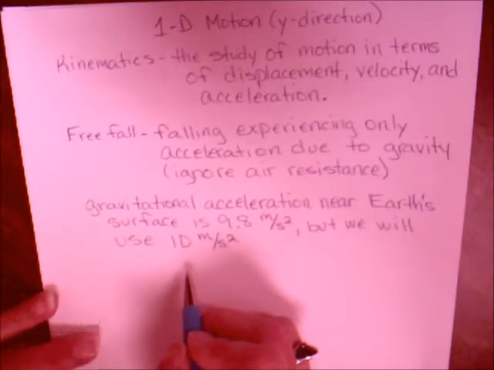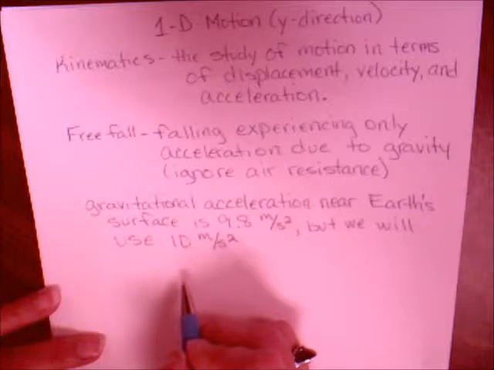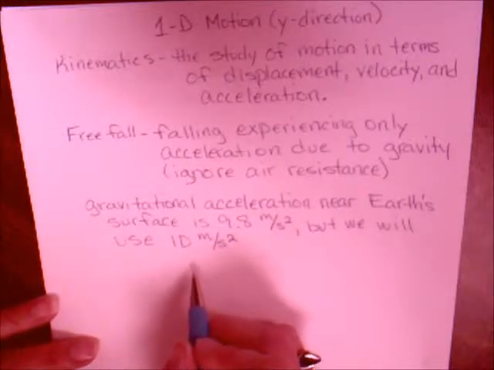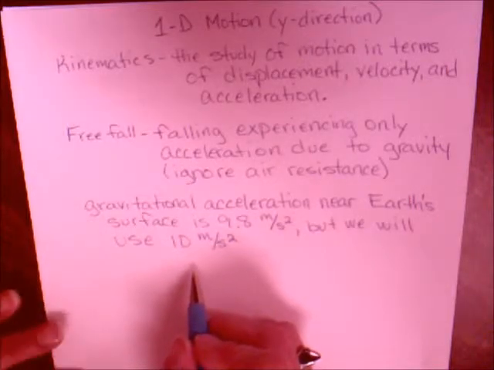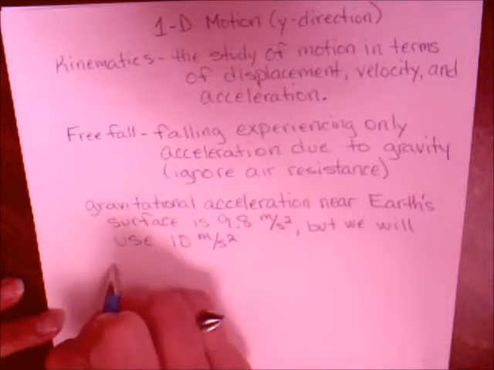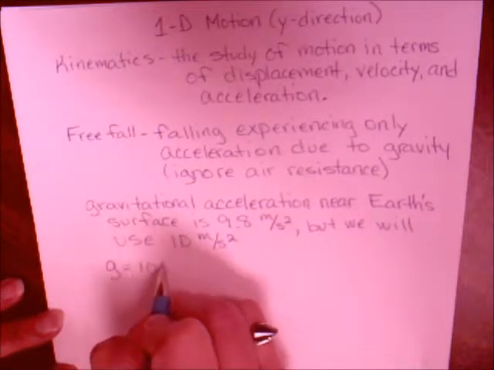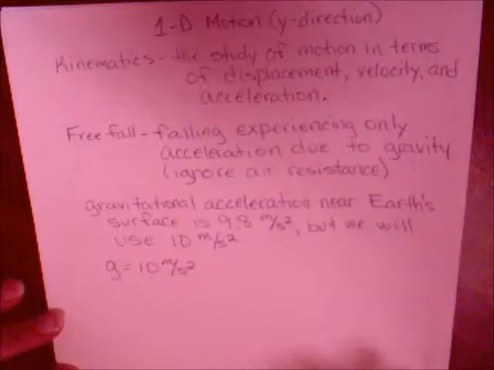You can cancel zeros out. Everyone uses it on the AP test. And so we will use g equals 10 meters per second squared.